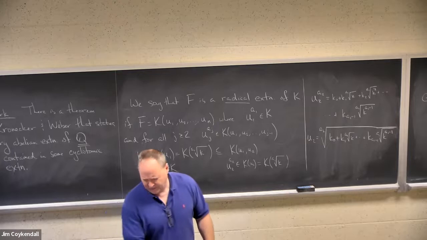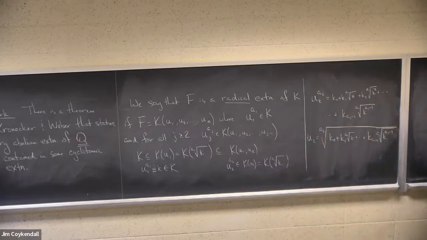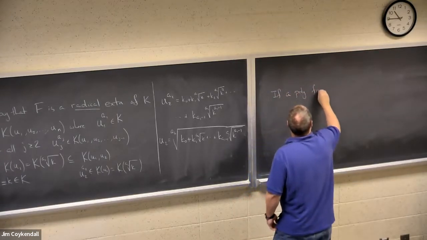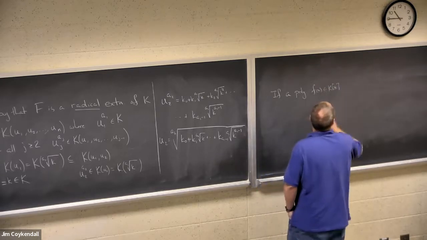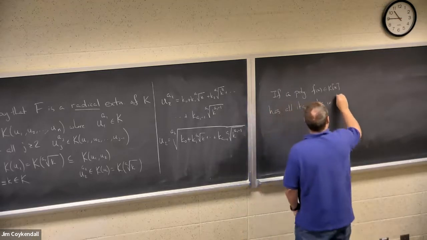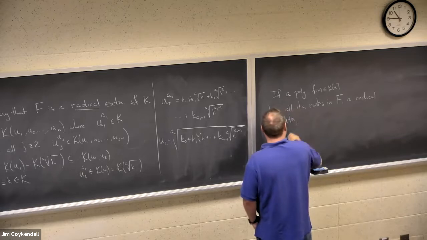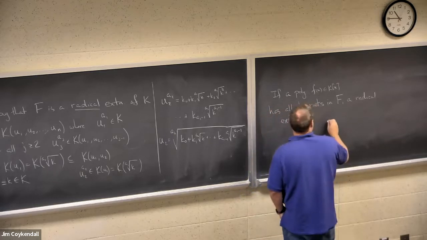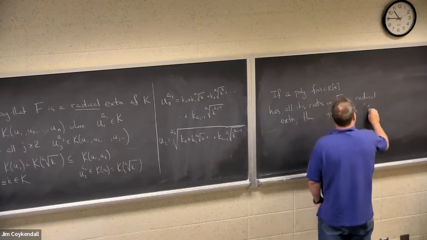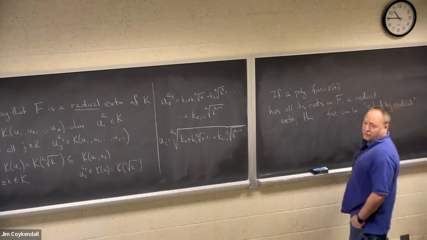In a radical extension, if a polynomial f(x) in K[x] has all its roots in F, a radical extension, then f(x) can be solved by radicals, just like we did here.